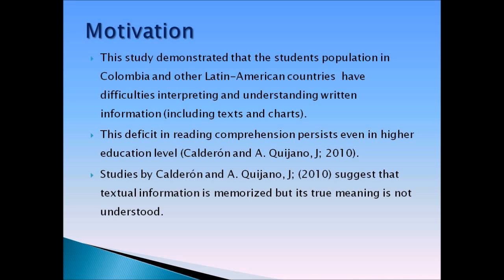Studies by Calderon and Quijano in 2010 on students of first and second year of psychology and law have shown that the assessed population was only able to reach a low level of comprehension, lacking the highest level of interpretative and applied comprehension. This indicates that textual information is memorized, but its true meaning is not understood.